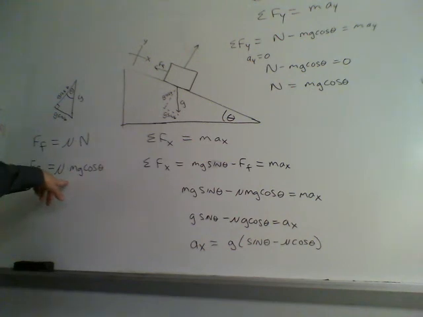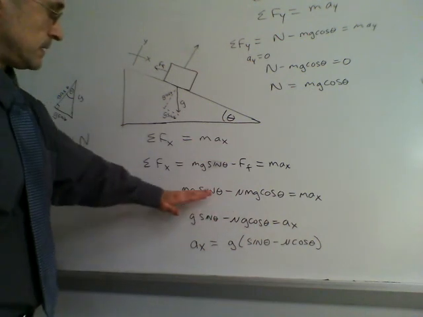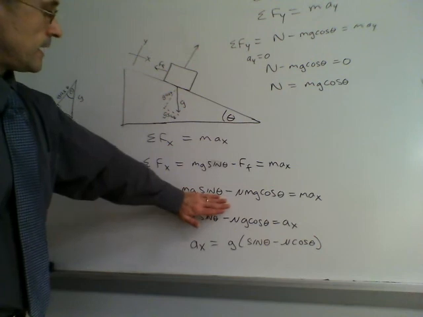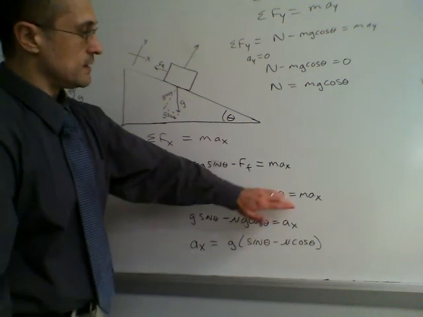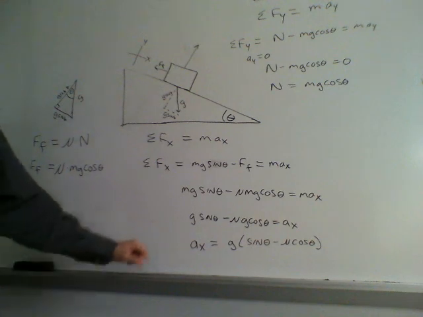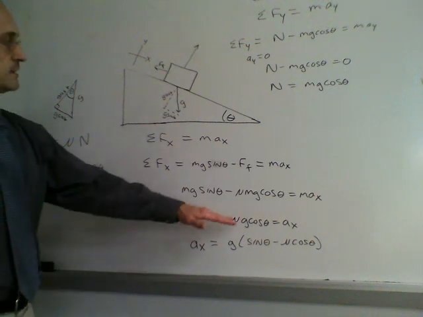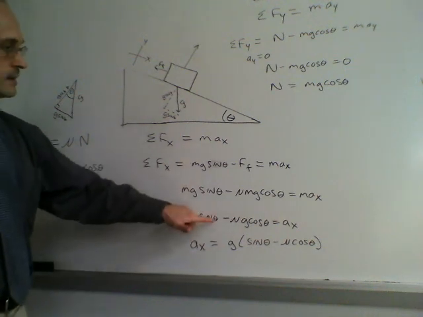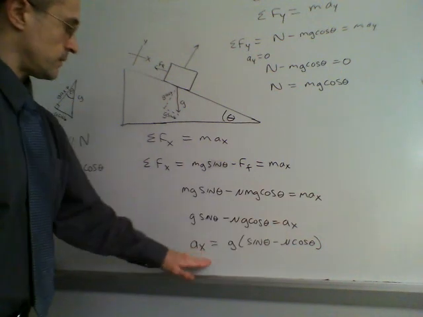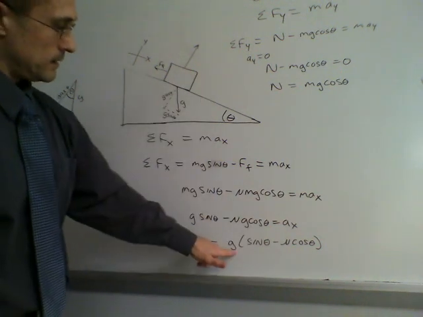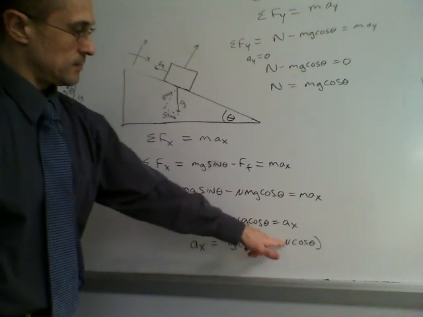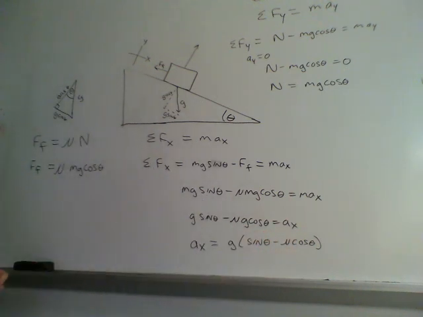As I said a minute ago, if mg sine theta is larger than mu mg cosine theta, the block will experience an acceleration. If it isn't, the block will remain stationary. So we solved for ax, and the acceleration parallel to the plane is g times sine theta minus mu cosine theta. And that would cause the block to have an acceleration.